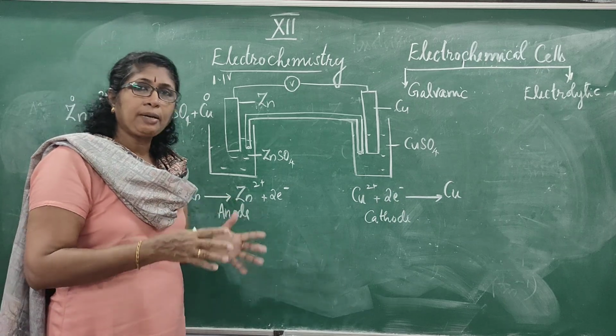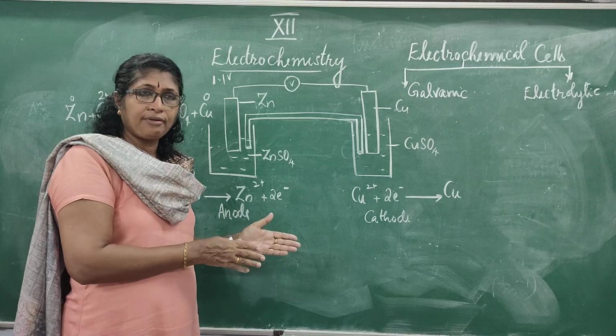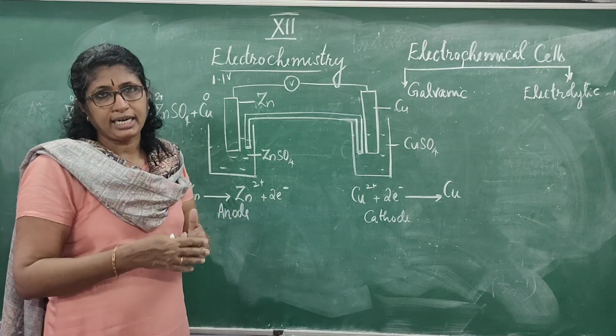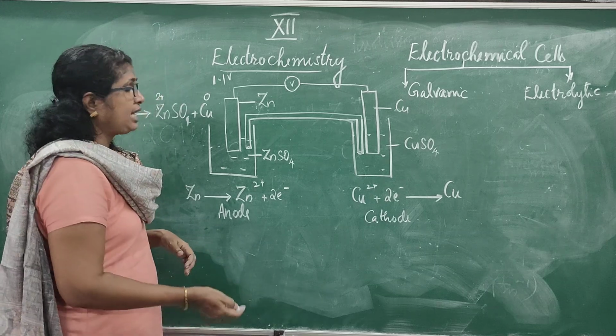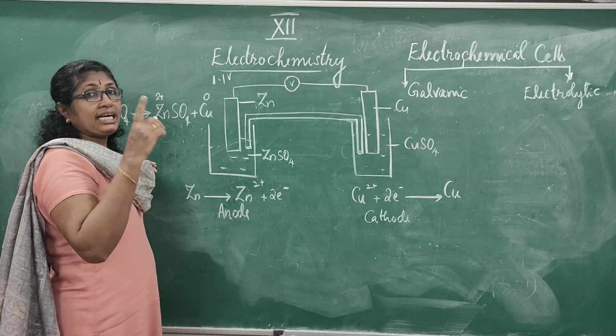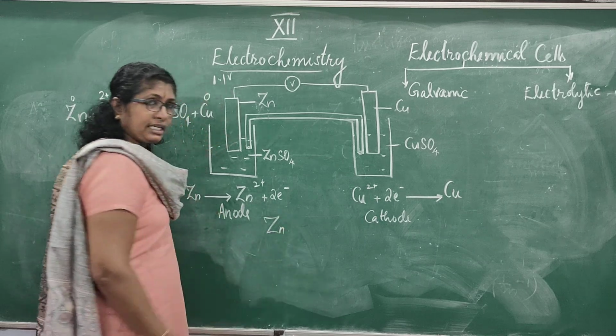Whenever you are representing a cell, you will have to represent the oxidation half cell first and then the reduction half cell. When you are representing an oxidation half cell, first you represent the electrode. Which is the electrode here? Zinc, solid zinc is the electrode.